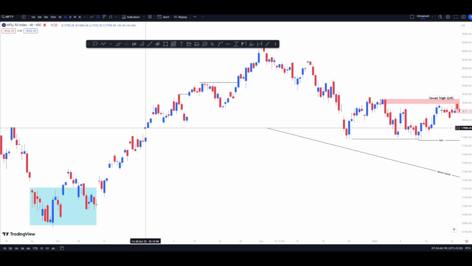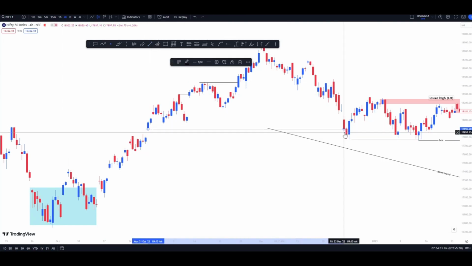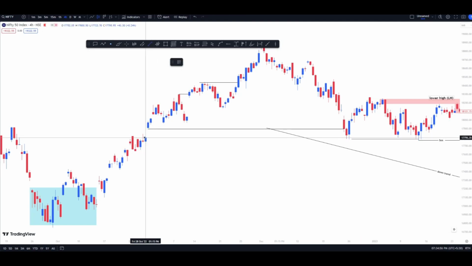Here also you can see that we have a gap. Price took a pause, then there was some sort of recovery, it took a support here.